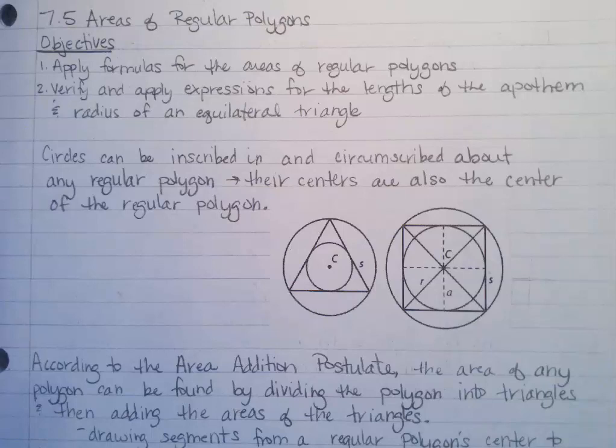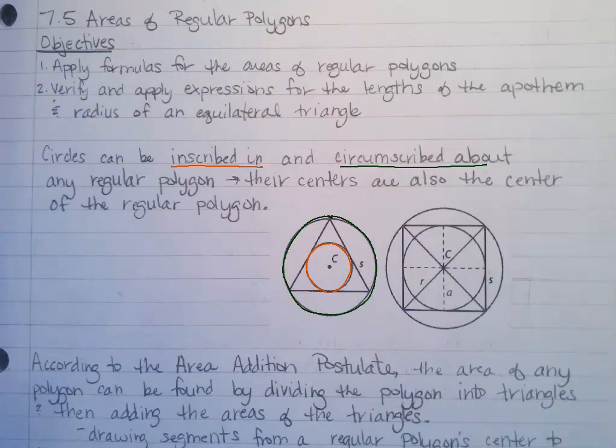To get us started, we're just going to review some things that we kind of already know. Circles can be inscribed in, so that's the circle inside, and circumscribed about, so the one outside of your polygon is the circumscribed circle.